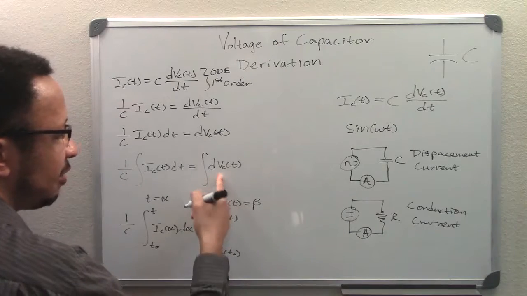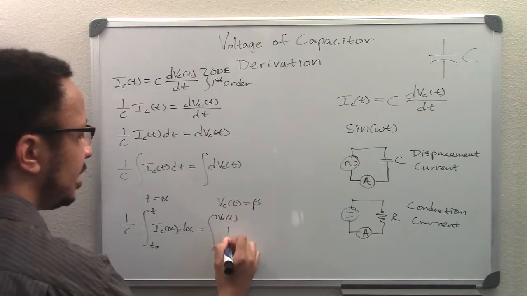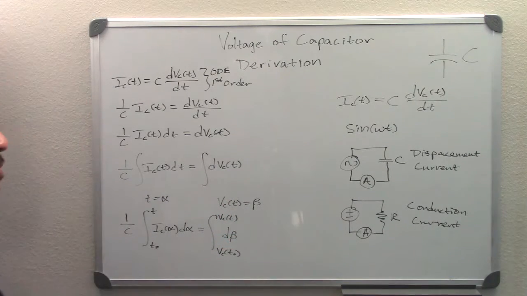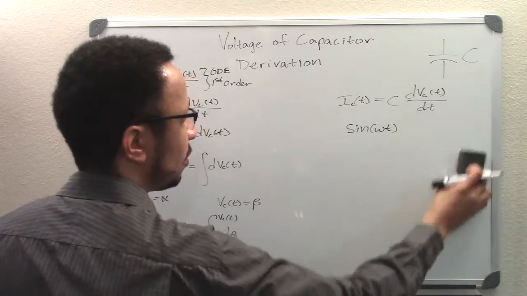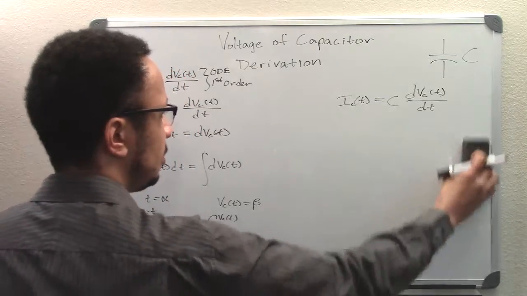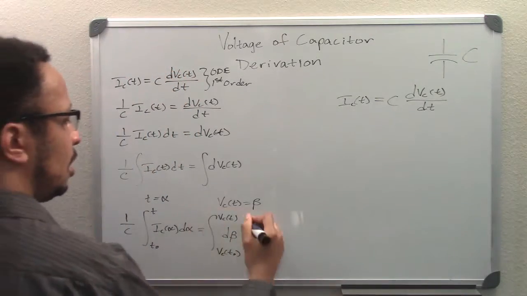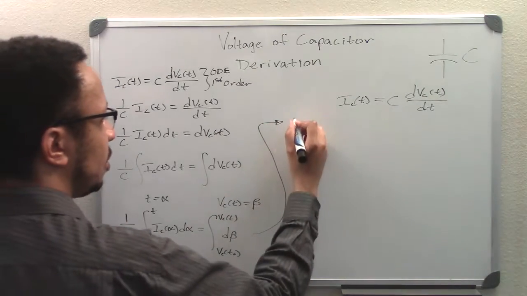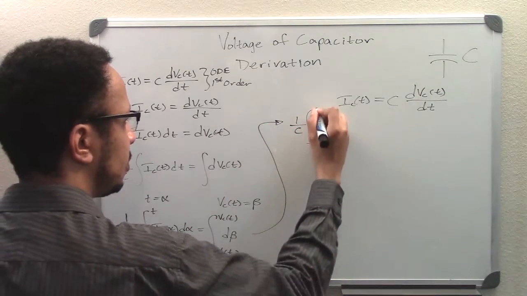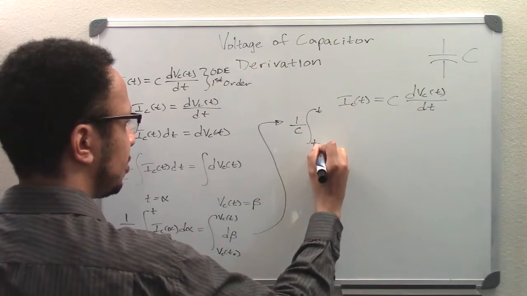And then instead of having dvC(t), we have d beta. And so we'll go ahead and carry on with that. I'll make some more room over here and bring that up over here. And so now we have 1 over C between t and t sub 0.